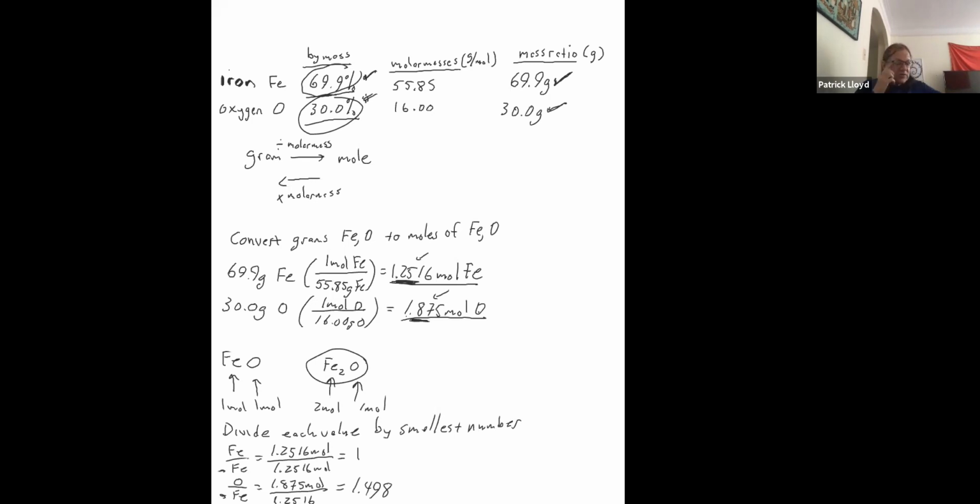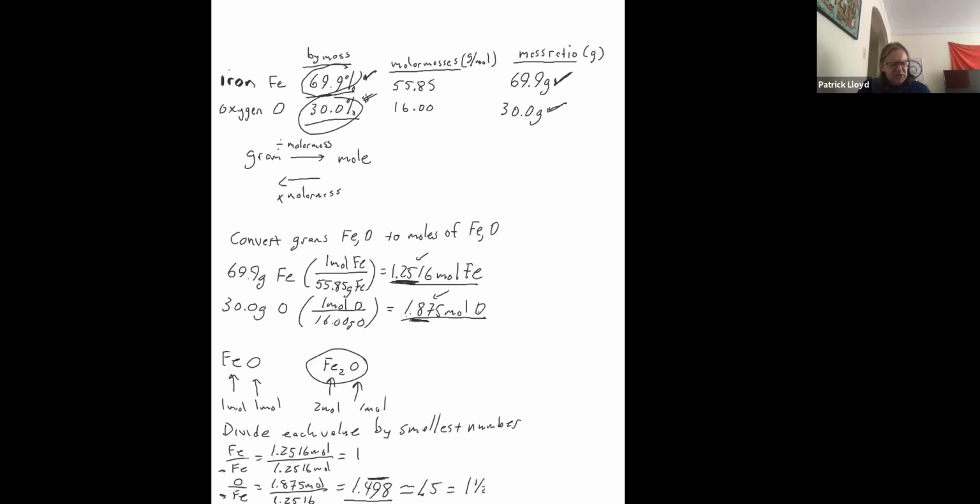So now you have to kind of reason through what this means. If you look at this number, it's very close to 1.5, really close. See, 498 is almost 1.5. Now, what does 1.5 mean in mixed fractions?